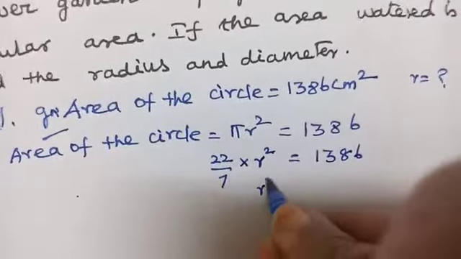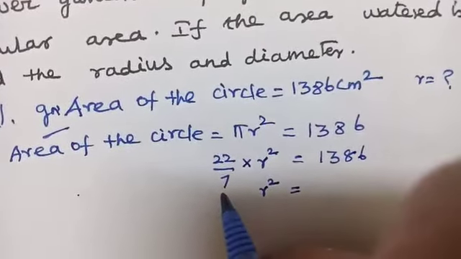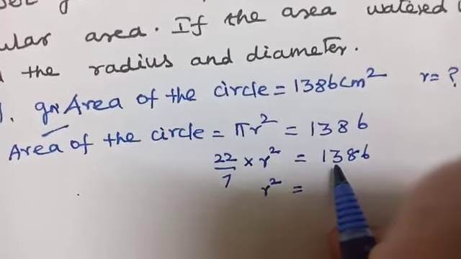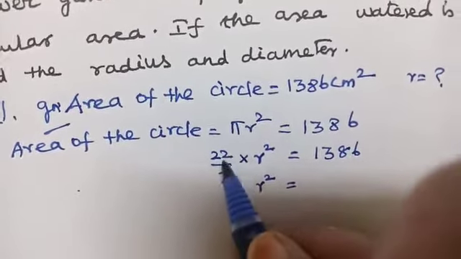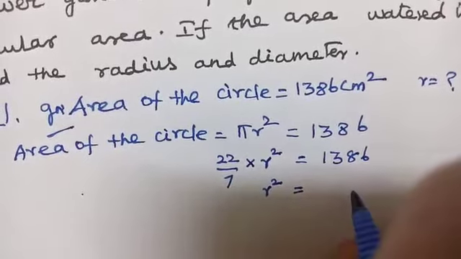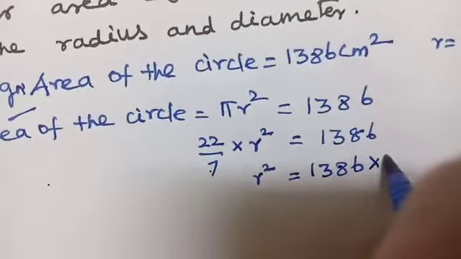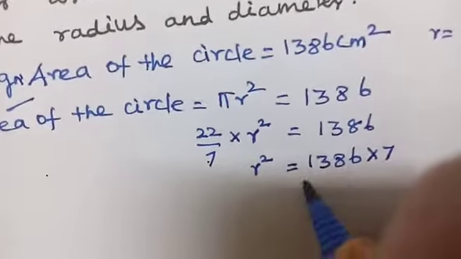Next step, the 22 by 7 goes to the right hand side and changes to multiplication as 7 divided by 22. 1386, 7 goes to the numerator and 22 to the denominator.